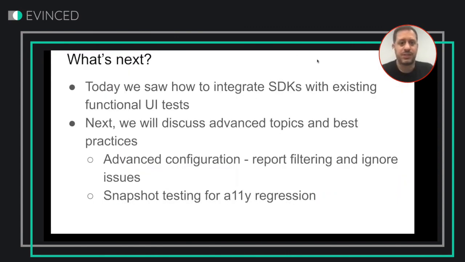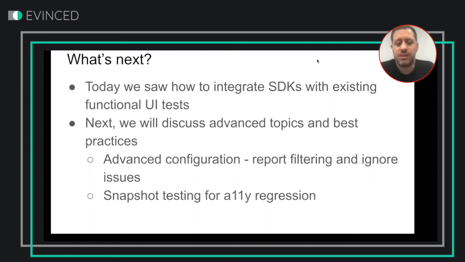So what's next? Today we saw how to take the Evinced SDK and integrate it with existing UI automation tests, whether you want to do that on a test level or on the test infrastructure level. So all other tests can use this capability automatically without changing any of the code. In next webinars, I'm going to talk about some more advanced topics and best practices when using accessibility automation in your tests.